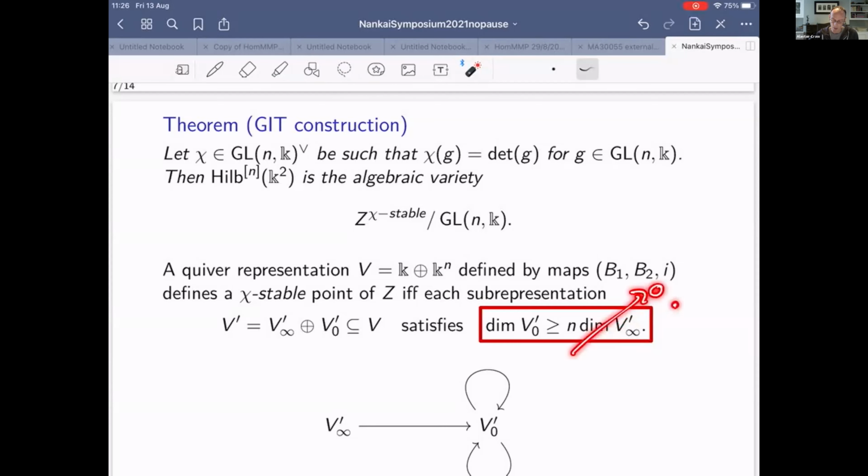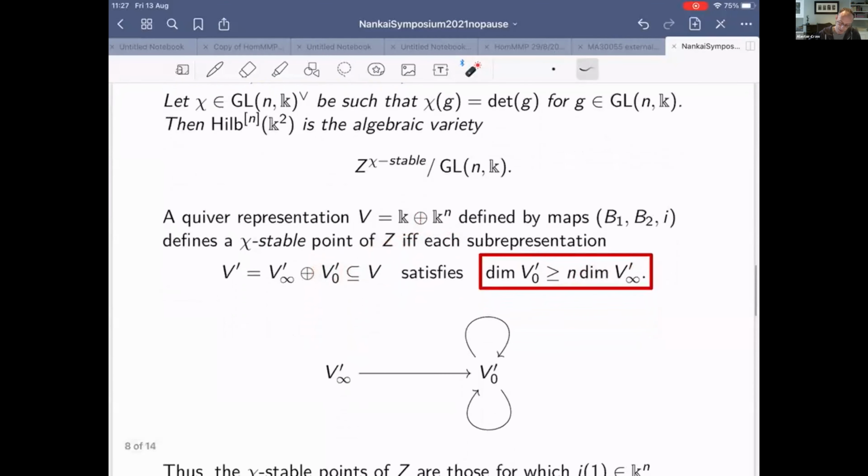When this is 0, of course the dimension of V0 prime is greater than or equal to 0. It's completely vacuous. So it's only a condition when this has dimension 1. And when that has dimension 1, we're saying that V0 prime, I remind you V0 prime was a subspace of Kn, has to be the whole thing.